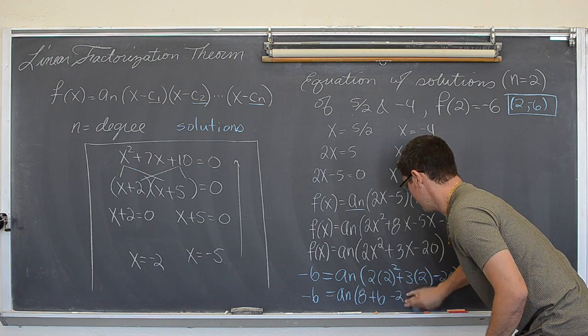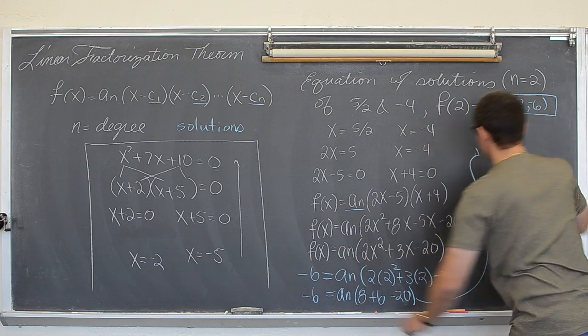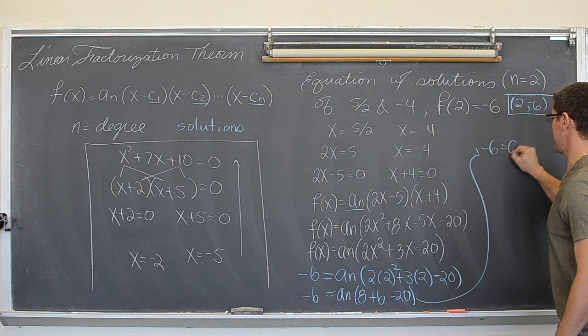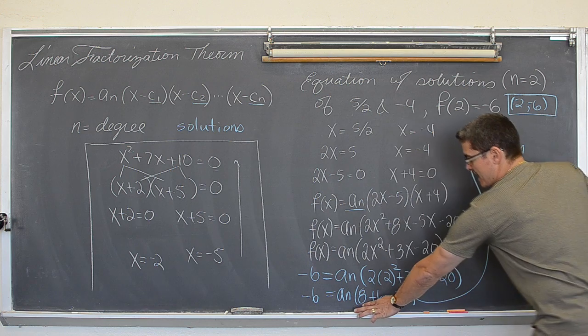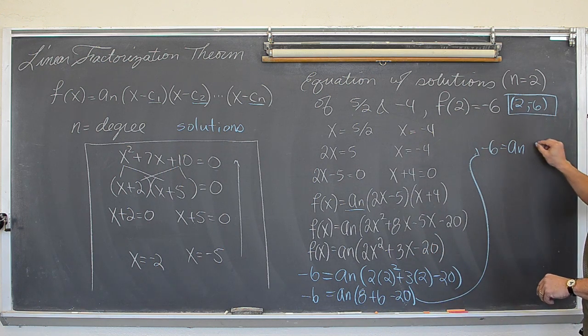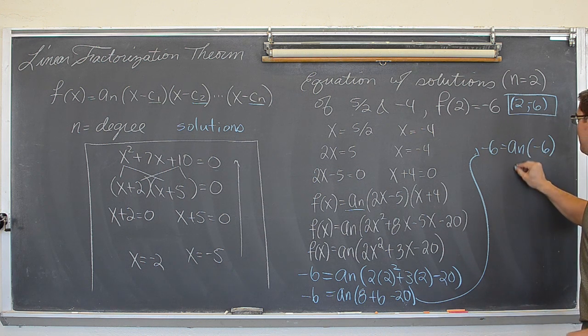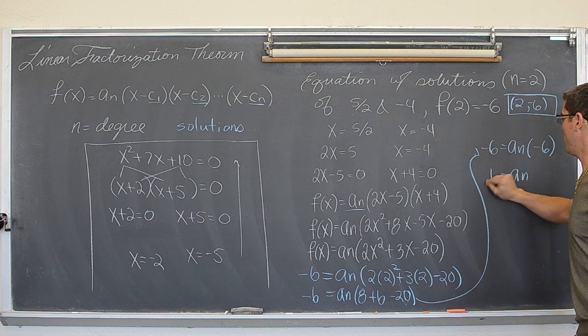And I'm running out of space, so I'm going to bring this up here. -6 equals a sub n. This is 8 and 6 is 14, and 14 minus 20 is, again, -6. Divide both sides by -6 to get a sub n alone, and a sub n comes out to be 1.